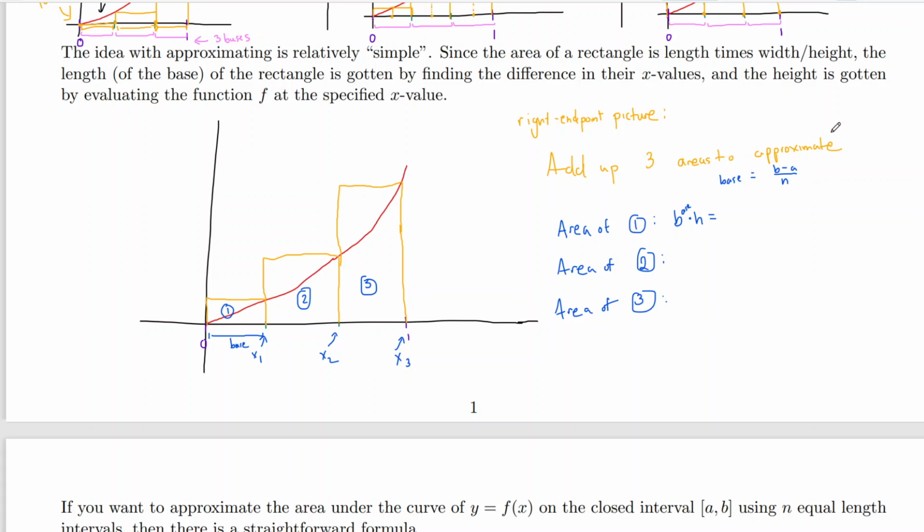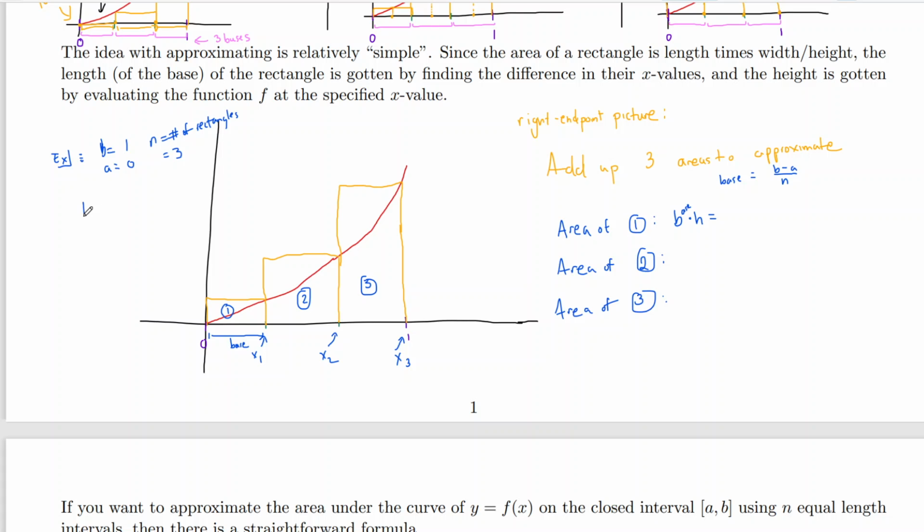Now, if you want to see why that's true, for our example, b, the ending x value, is 1, a, the starting x value, is 0, and n, which is the number of rectangles, we haven't specified that yet, but you have to be told that in a problem, is 3.